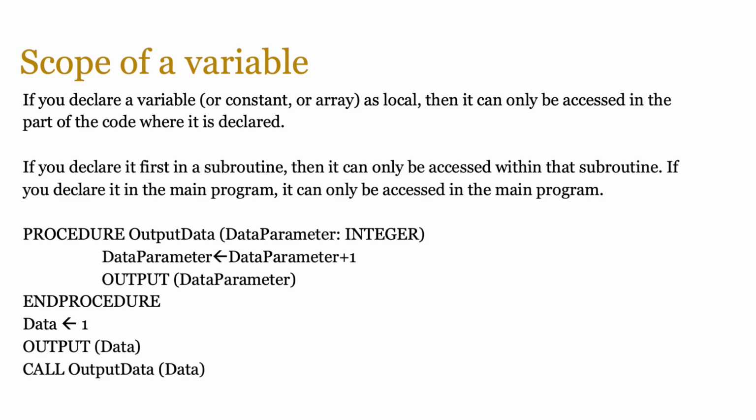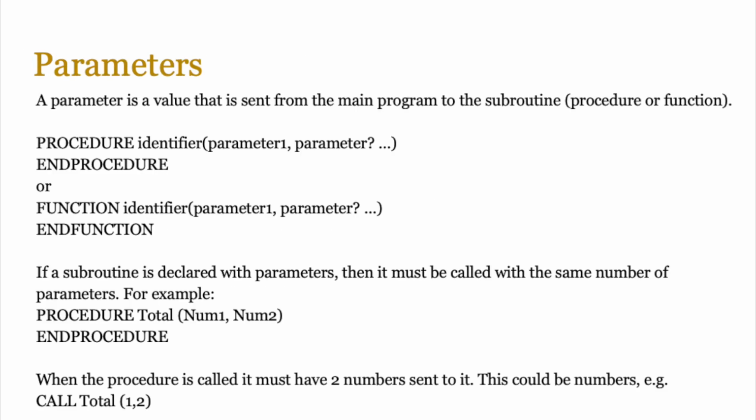Now, since we're mentioning the name parameters, what are parameters? A parameter is a value that is sent from the main program to a subroutine, a procedure, or a function. They're normally in the brackets in the header statement, which has the procedure's name. So procedure total has two variables, num1 and num2, passed to it, and then it's going to be using those variables to do something.